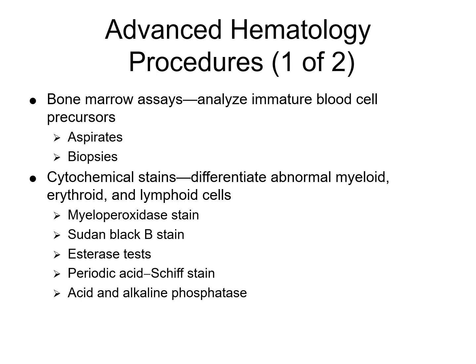Esterase test, which can differentiate types of leukocytes based on esterase enzyme activity. Periodic acid-Schiff stain, which highlights the glycogen and other carbohydrates in cells. Then we have acid and alkaline phosphatase stains, which can detect specific enzyme activities that are useful in classifying leukemias.